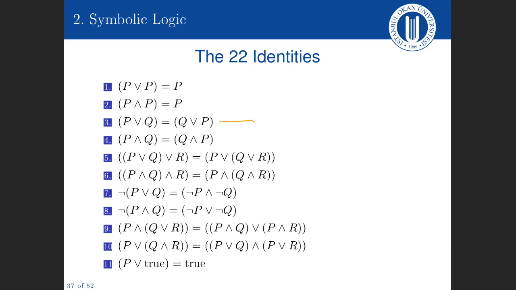It doesn't matter which order we write P and Q. P or Q is the same as Q or P. P and Q is the same as Q and P. If we have three propositions and we're using the same symbol, or, and, it doesn't matter which order we do these in. P or Q and then or R is the same as P or open bracket Q or R, and the same for and.